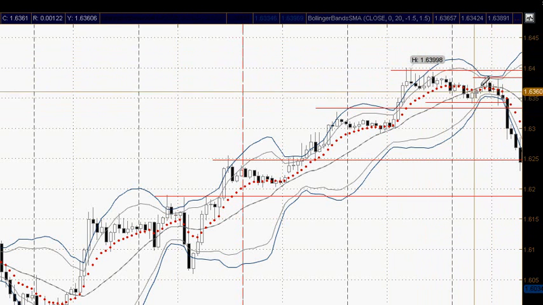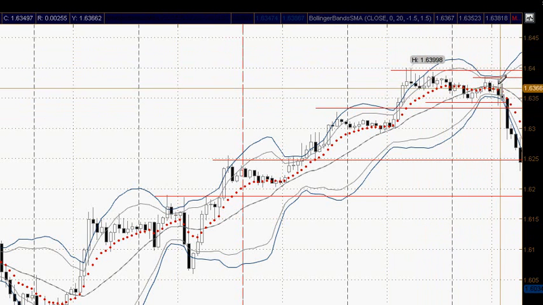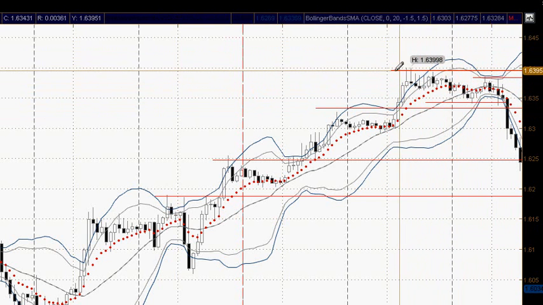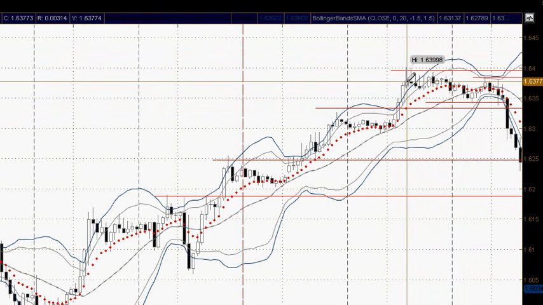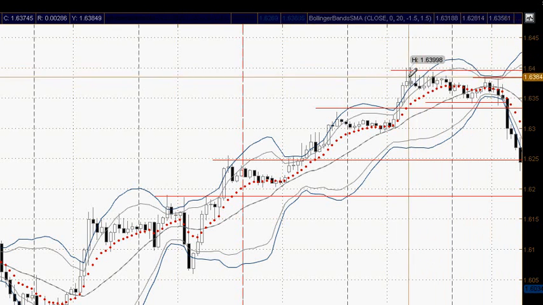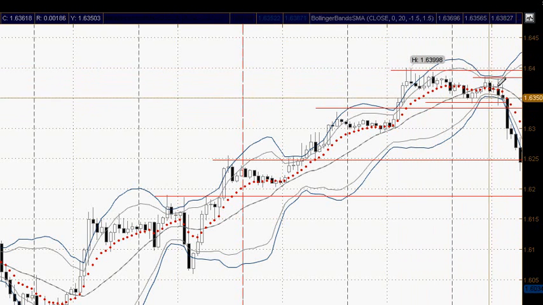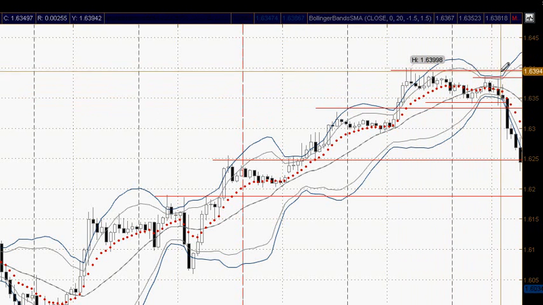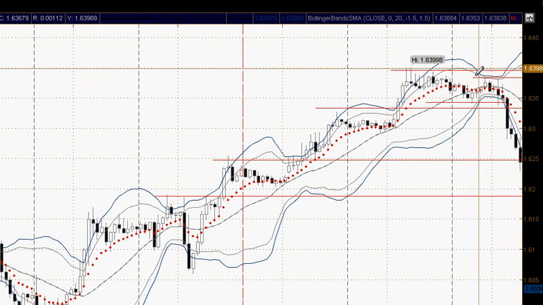But it didn't do that. It actually formed a swing high right here, below the prior swing high. So we get a combination of a slight double top, a kind of consolidation sideways, and then even greater pinching of the Bollinger Bands.